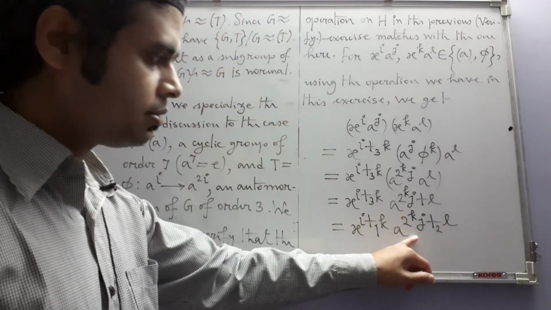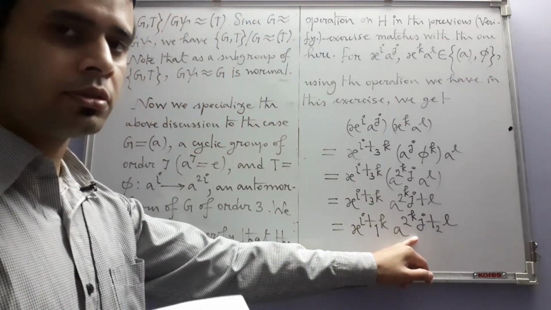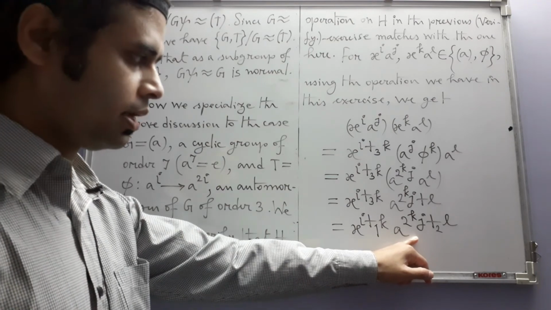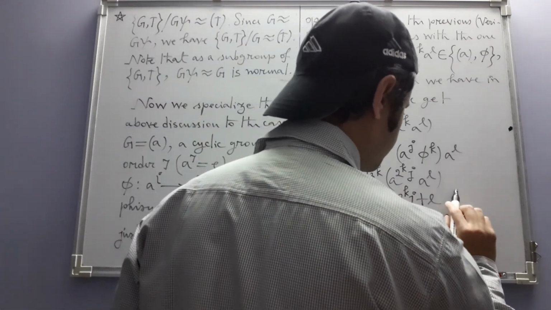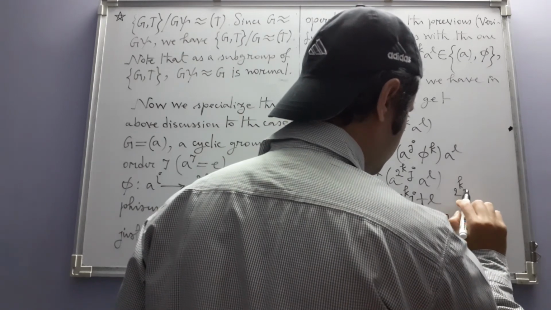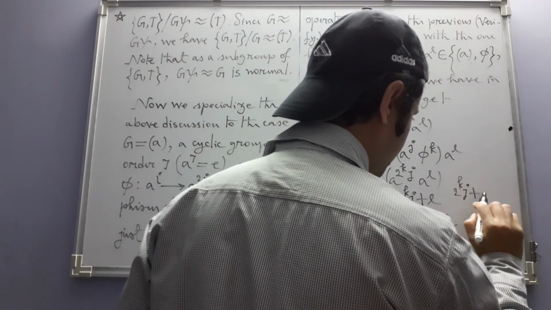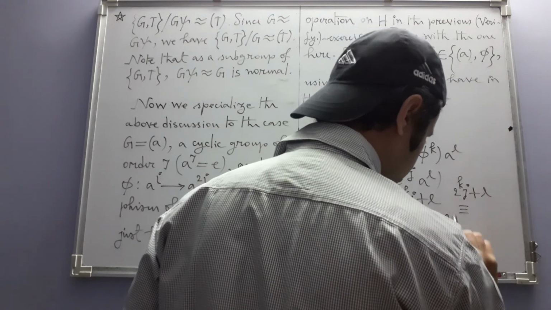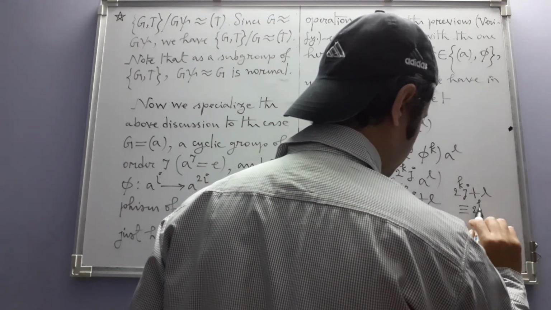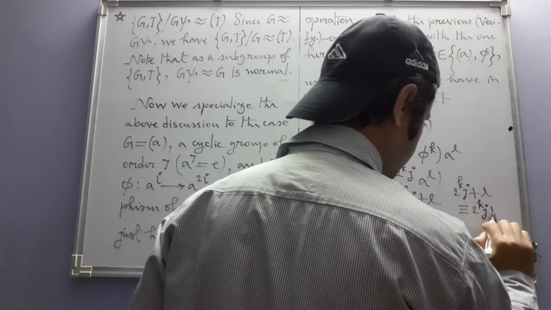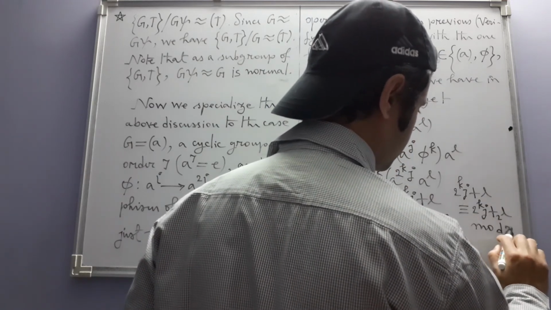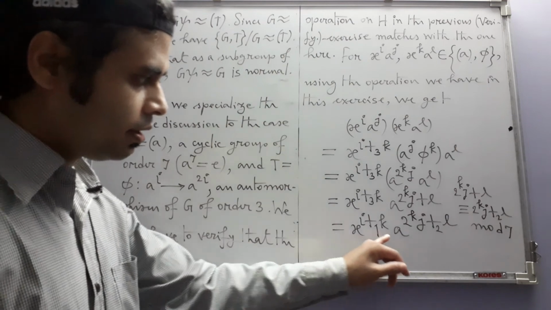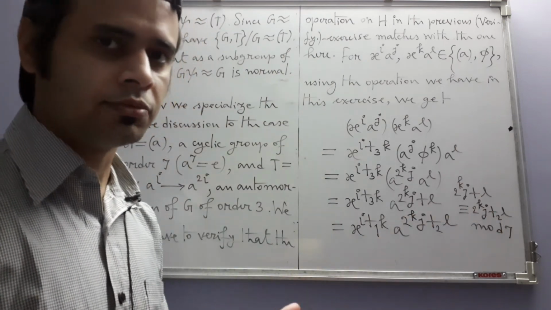This second question you can almost understand how to answer, because 2^k j plus l is congruent to 2^k j plus 2l mod 7, and a has order 7.